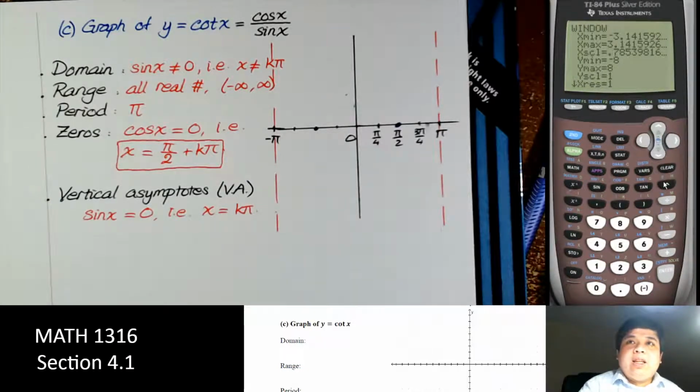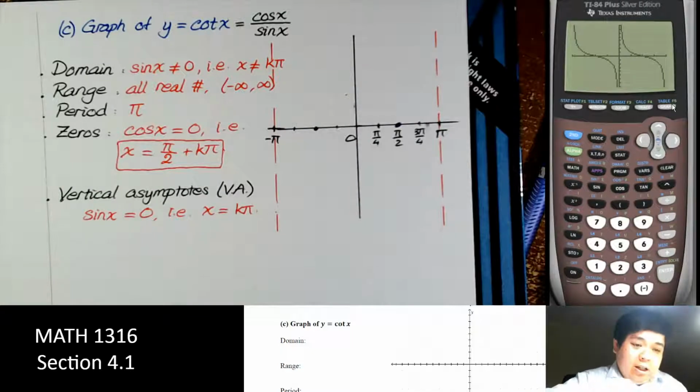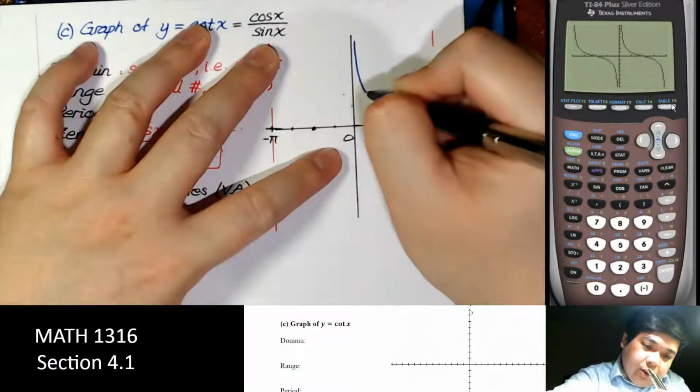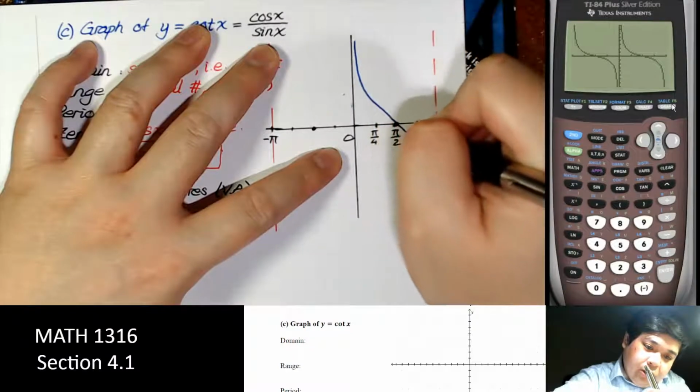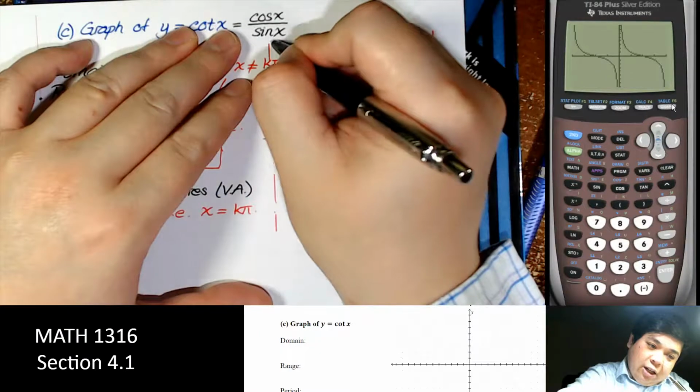Always take the period divided by 4 for the increment. So that's what we have. So we will have a function like that.